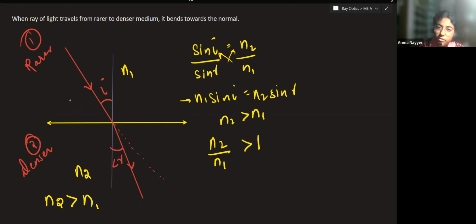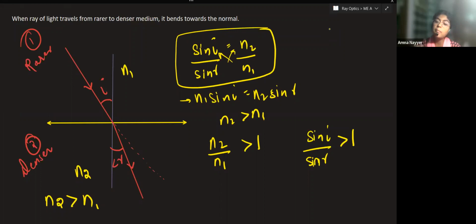If N2 by N1 is greater than 1, then I can simply say sine I by sine R is also greater than 1, right? Because N2 by N1 is equal to sine I by sine R. So I can write sine I is greater than sine R.